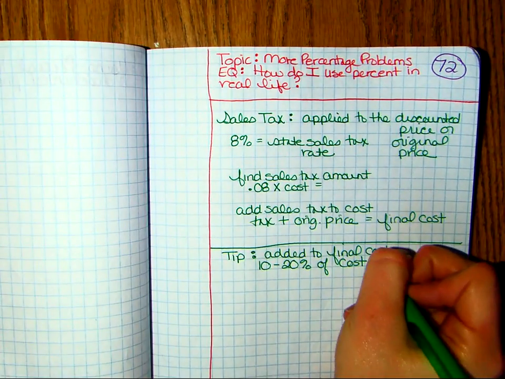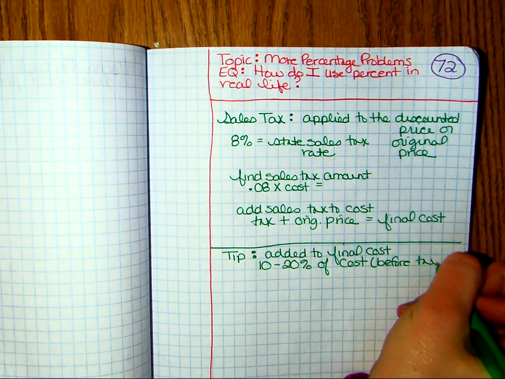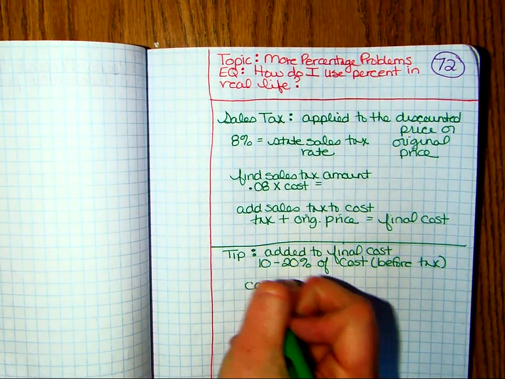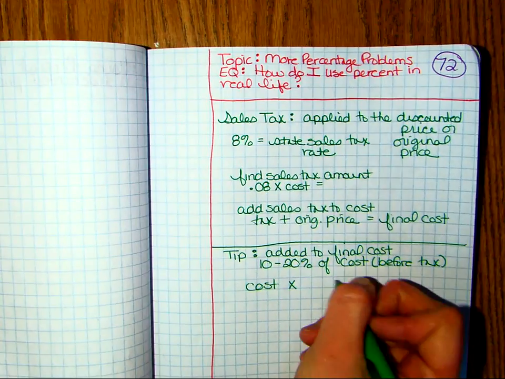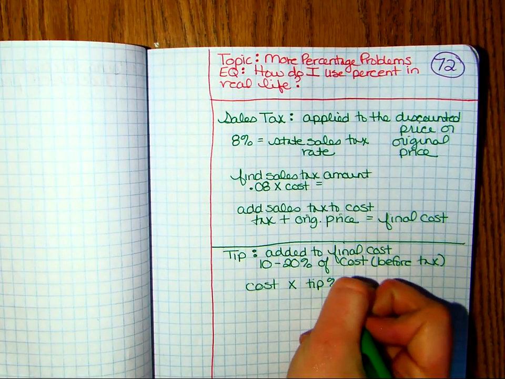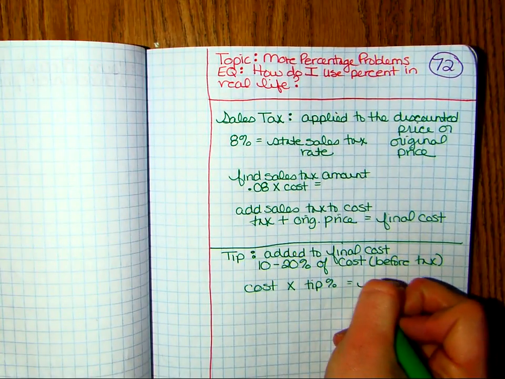And like I said, usually we do this before tax. And so you would take the cost and multiply it by the tip percent, and that would be your tip amount.